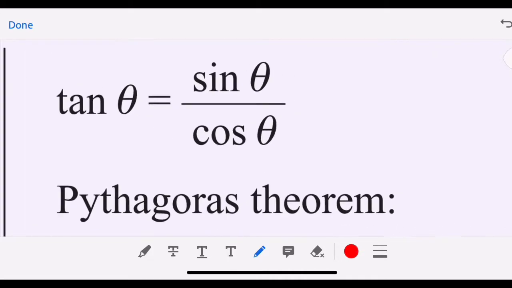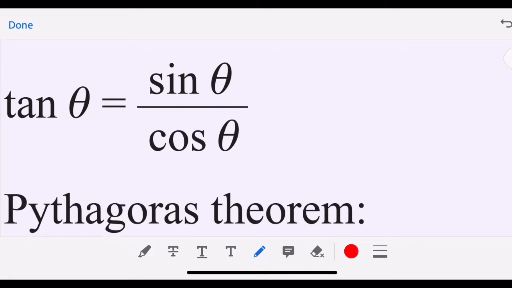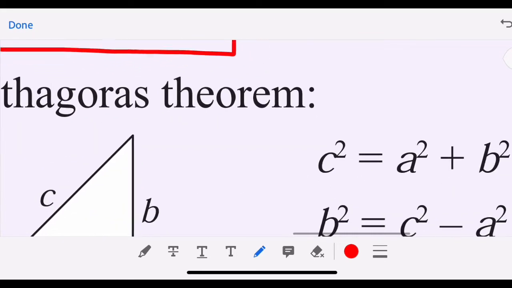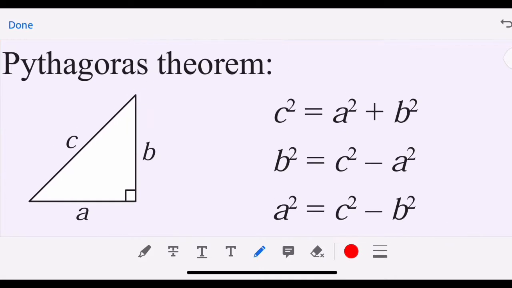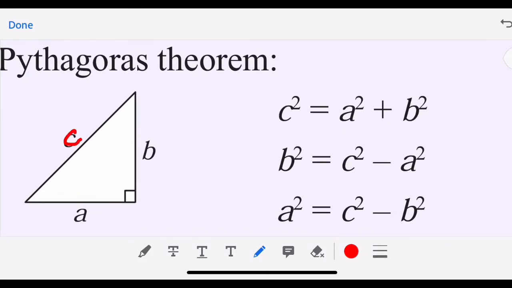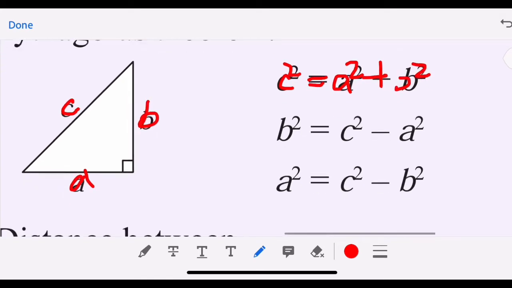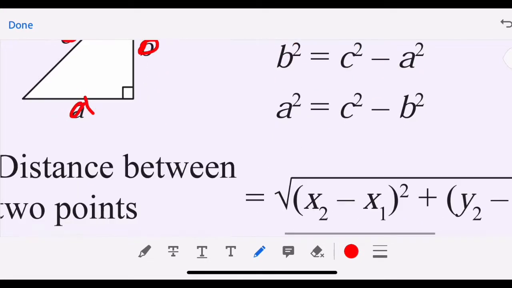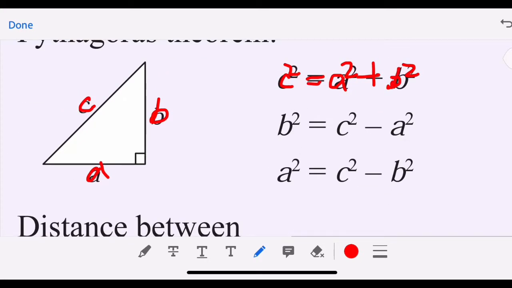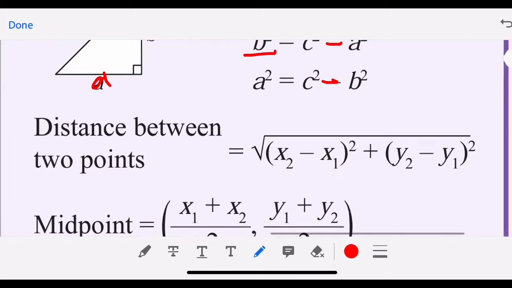Now let's go to tangent theta is sin theta over cos theta. This is an important formula for you. Pythagoras theorem. Remember, the longer one squared will be equal to the two shorter ones squared and summed up, right? So if you want to change a position, meaning that the b squared is in a position here, this one will bring over to be minus, or a squared will be c squared minus b squared.